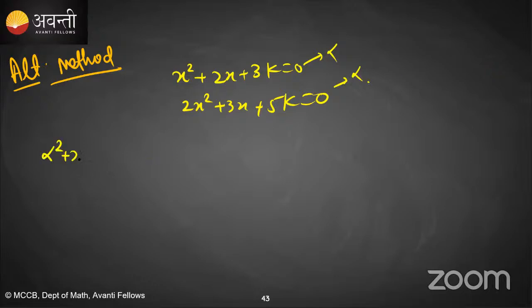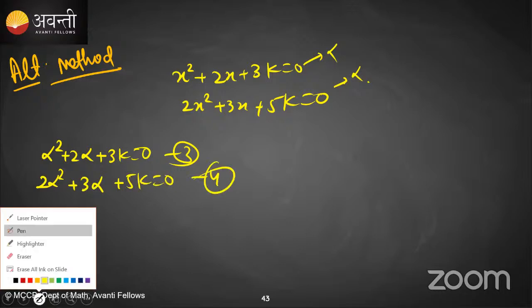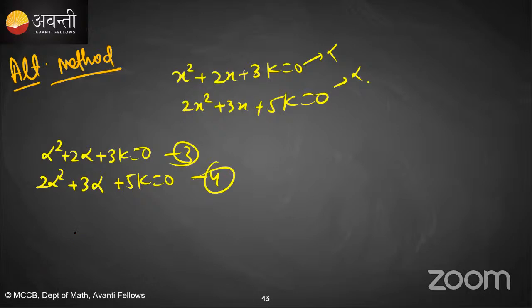So alpha square plus 2 alpha plus 3k is equal to 0. Let's call this equation 3. 2 alpha square plus 3 alpha plus 5k is equal to 0. Let's call this equation 4. Right? कुछ नहीं किया, अल्फा को सब्स्टिट्यूट किया है. So what you do? Subtract equation 2 minus 2 into equation 1 करो.